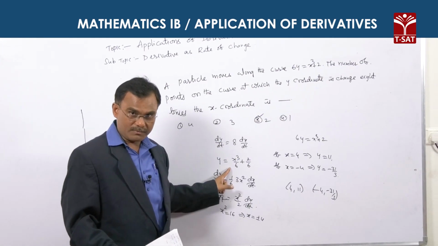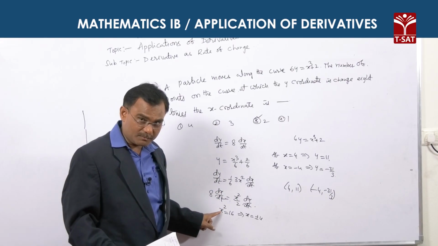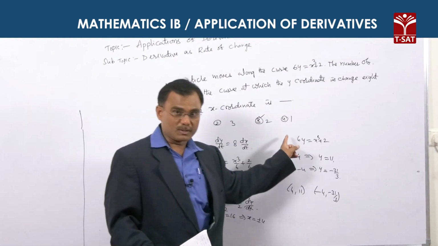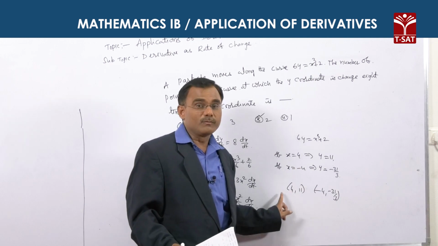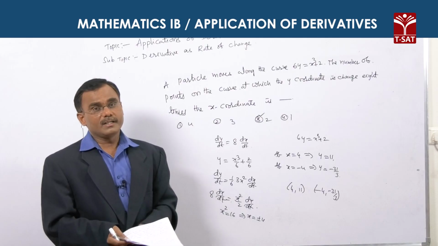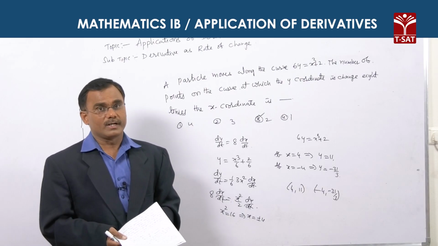Differentiating the curve equation and simplifying, we get x equal to plus or minus 4. Substituting x equal to 4 and x equal to minus 4 gives the y values. There are 2 points, at which the rate of change in the y coordinate is 8 times the rate of change in the x coordinate.